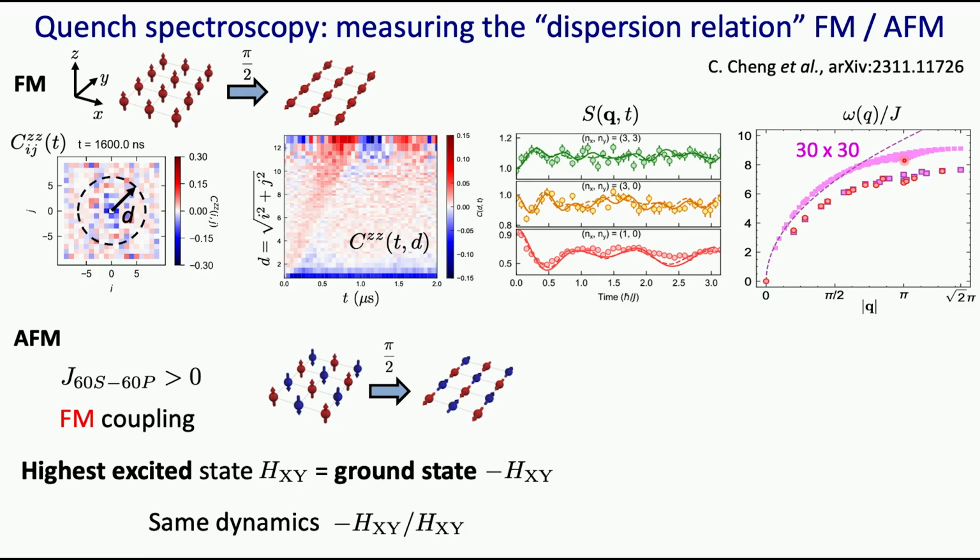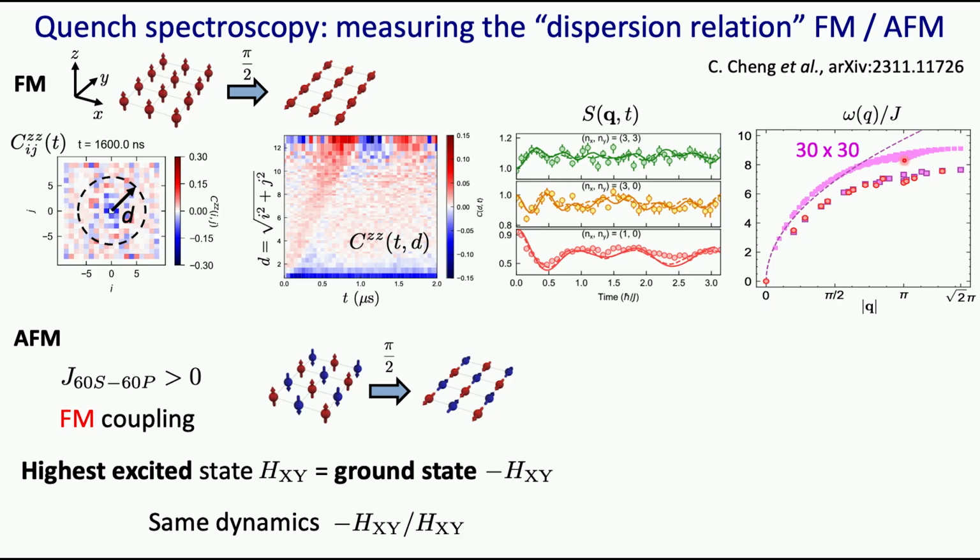Now we use the fact that the highest excited state of the system is the ground state of minus H, our Hamiltonian. And the time evolution under H or minus H is exactly the same. This is what allows us to extract the antiferromagnetic dispersion relation.